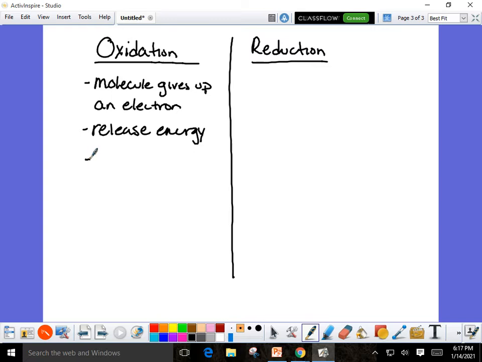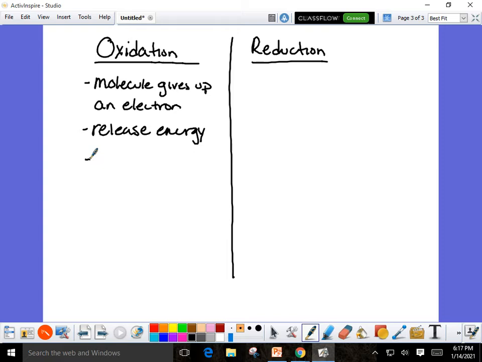It's called oxidation because most of the time, it is oxygen that is what we call the oxidizing agent, causing the other molecule to give up an electron.